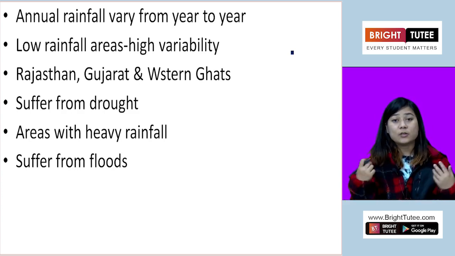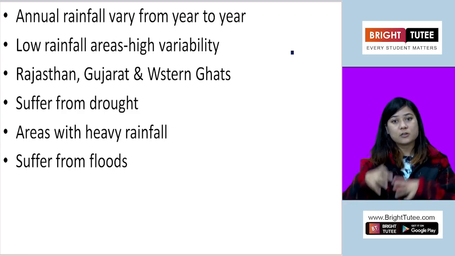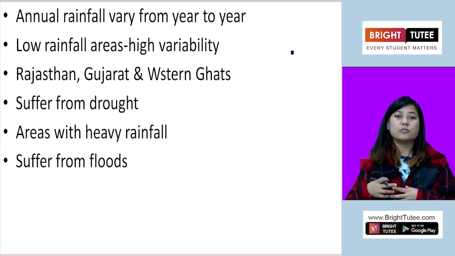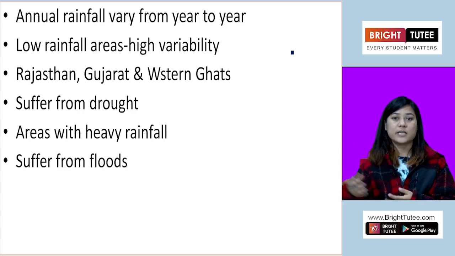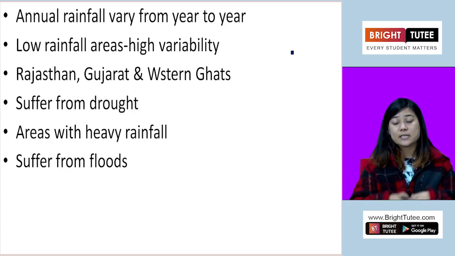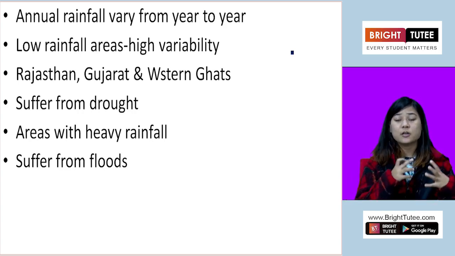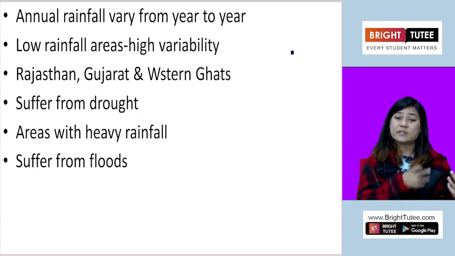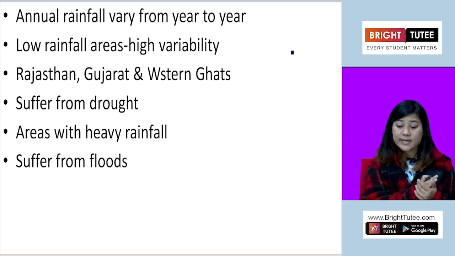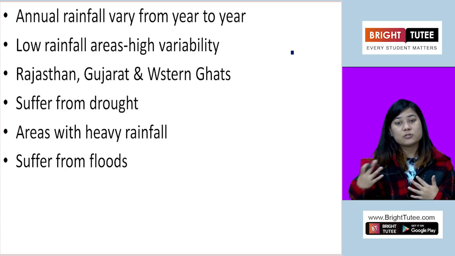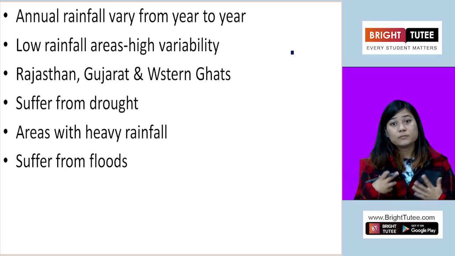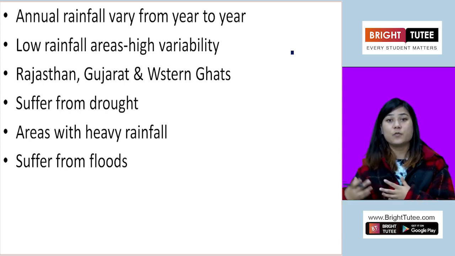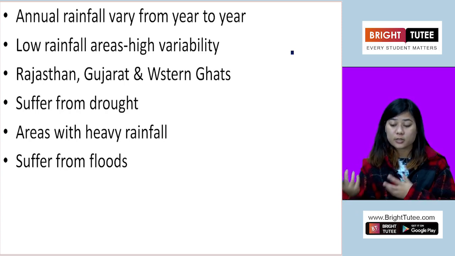The rainfall which India receives is also different every year. In 2019 the average annual rainfall that India received may not be the same as what it received in 2018. So it varies because of the constant influence of other weather conditions.